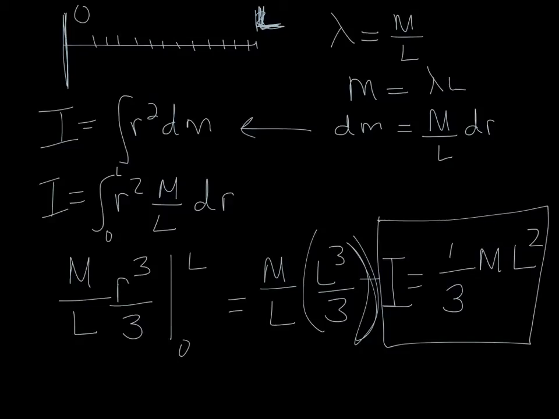So the strategy is: define where your axis of rotation is first. Write your definition, right? Then realize that if you understand what that definition is, you're breaking up this rod into very small pieces. So how much mass is located in each piece will depend on the density.